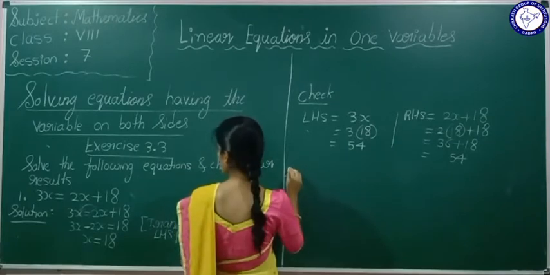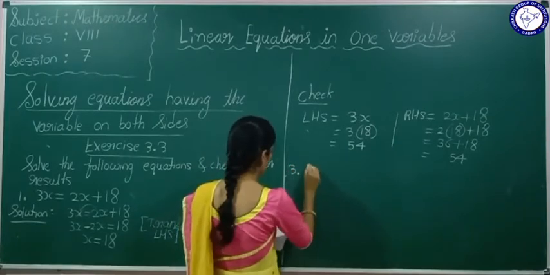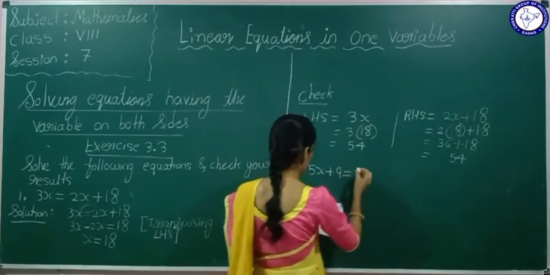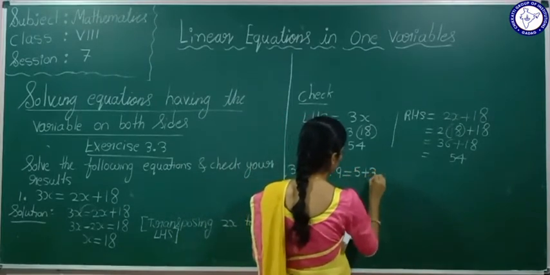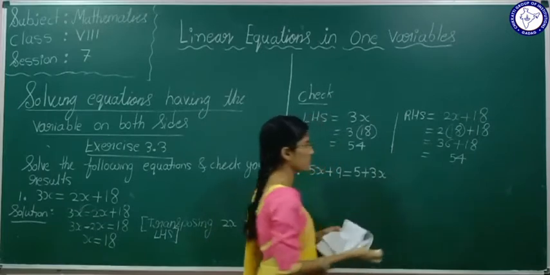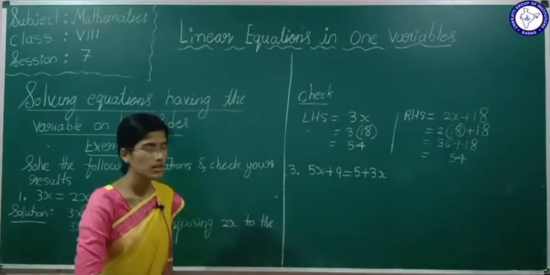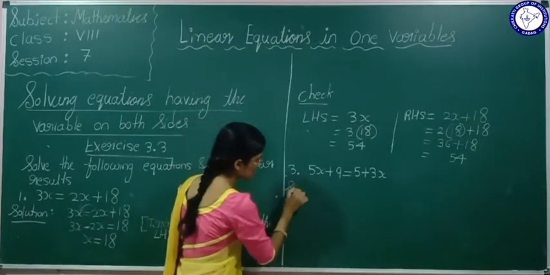Say third one, 5x plus 9 is equal to 5 plus 3x. Only a few I am going to solve in this exercise. Now see, solution.